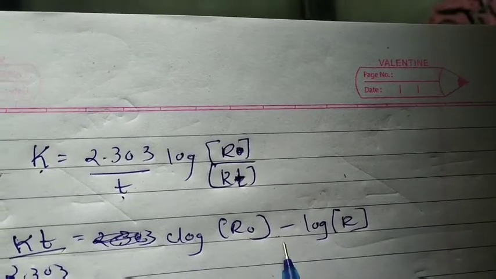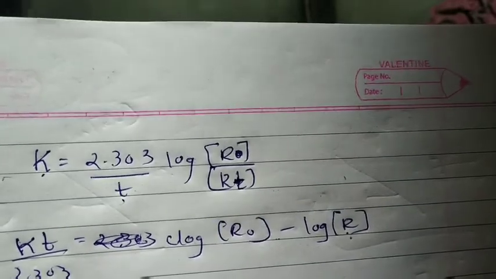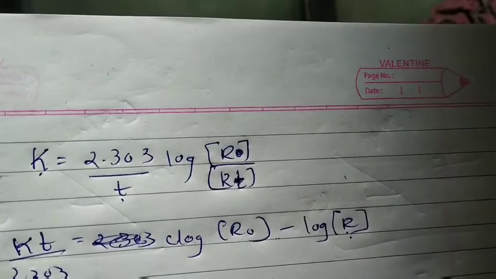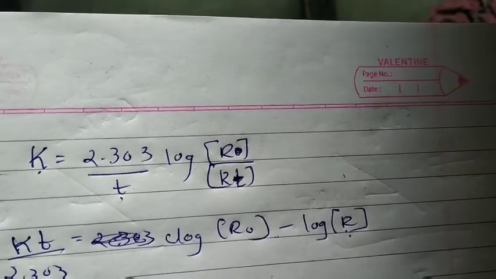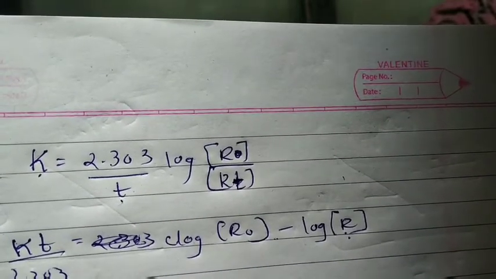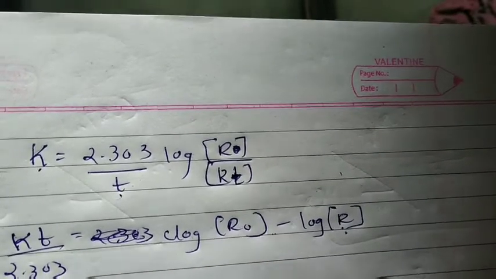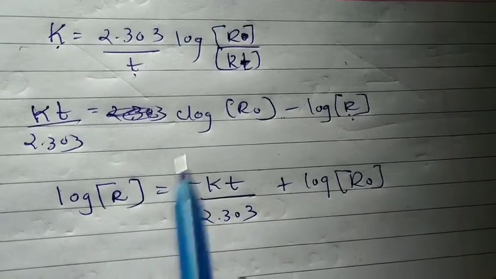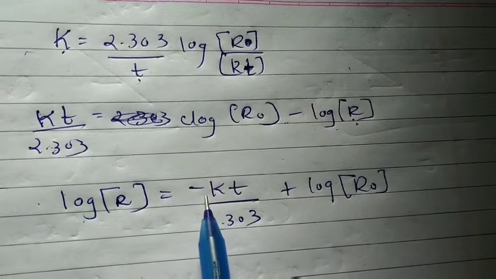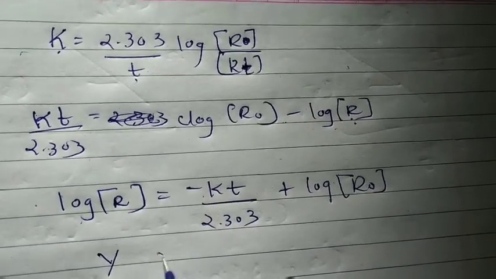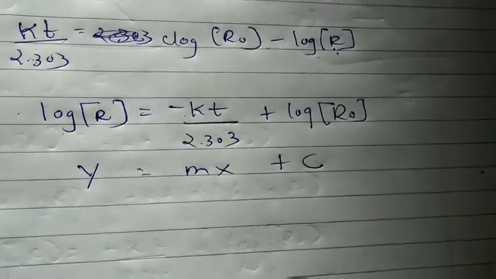Now y is equal to mx plus c, so here you make this log r on this side, then log r is equal to minus kt by 2.303 plus log r0. So this equation, y is equal to mx plus c, a straight line, is obtained.